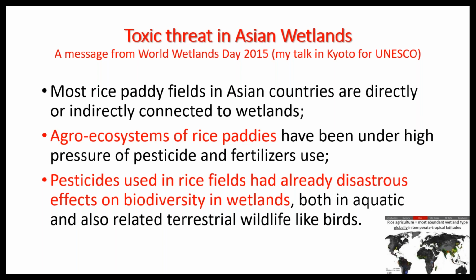In these countries, many wetlands are directly or indirectly connected to rice paddies, and because usually lots of pesticides and fertilizers are used in rice paddies, this is a big problem: they make lots of pollution and bring down the biodiversity. Later I'll talk about it in the case study that I did in Mazandaran.